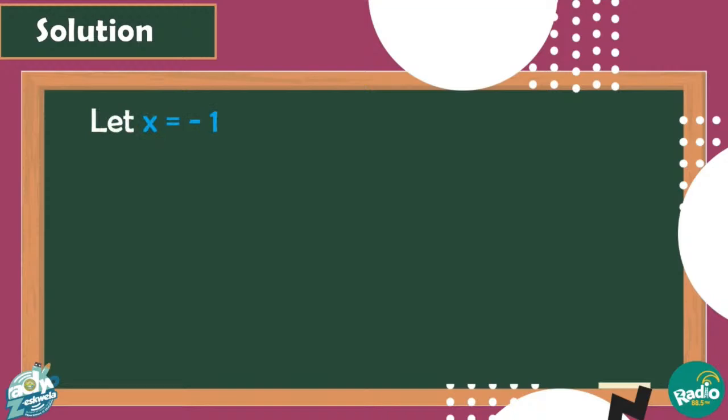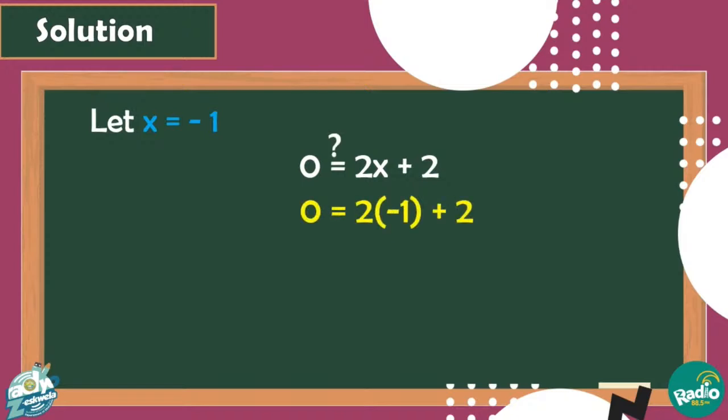Let's have another value of x, which is -1. By simply copying our equation, which is 0 is equal to 2x plus 2, and by substituting the value of x, the equation becomes 0 is equal to 2 times -1 plus 2.